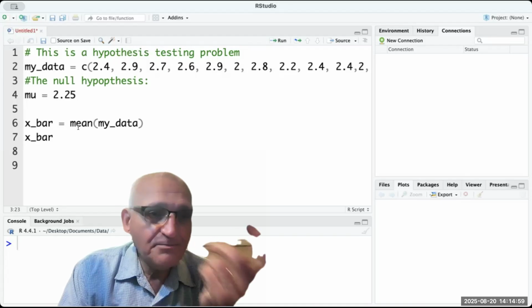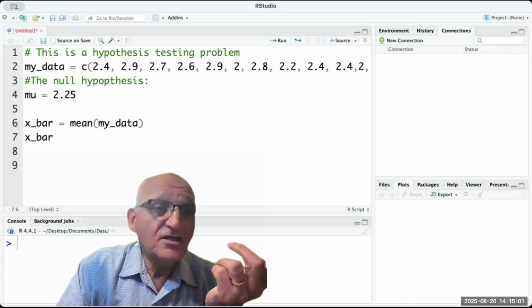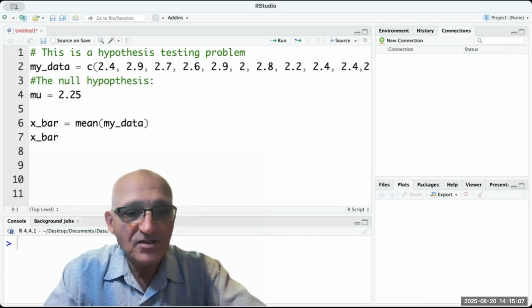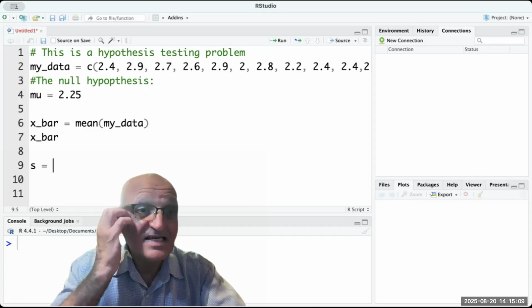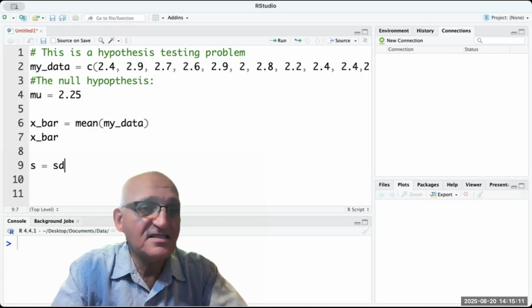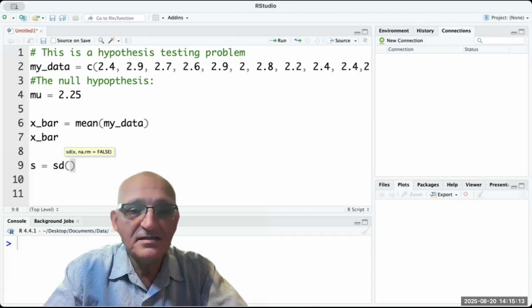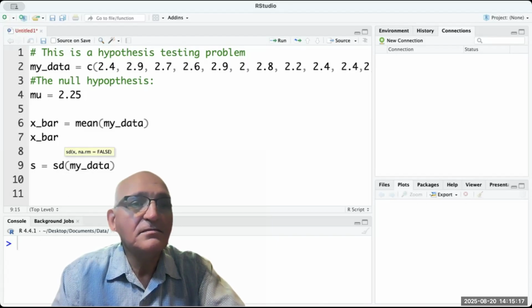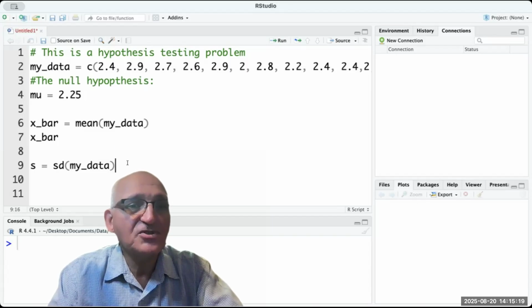Okay, I need the standard deviation. I already have xbar and mu. That's the numerator. I still need s. So s equals standard deviation, which is sd, so sd of mydata, and you can use the tab so you don't have to type everything.